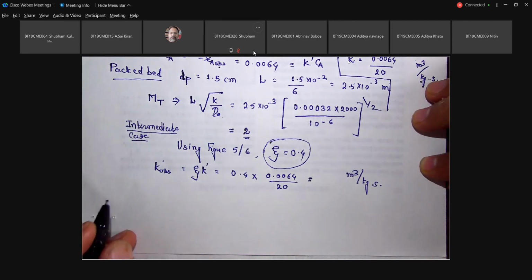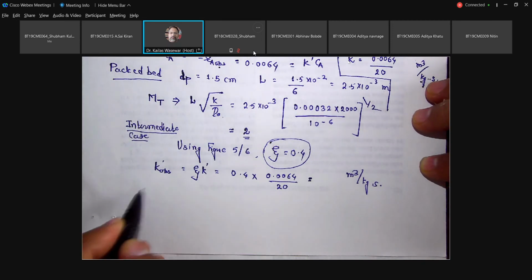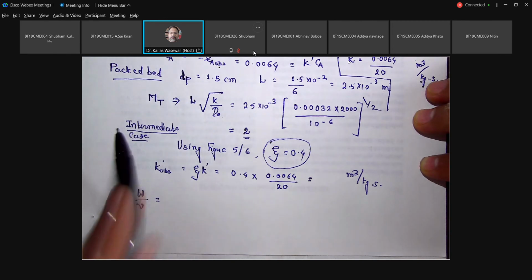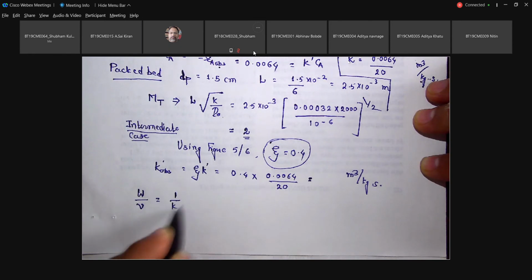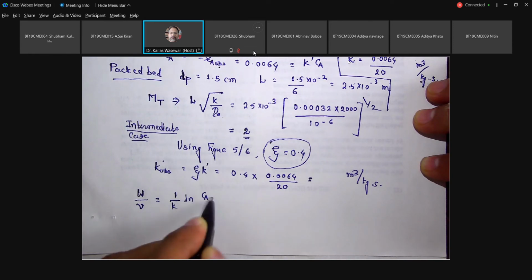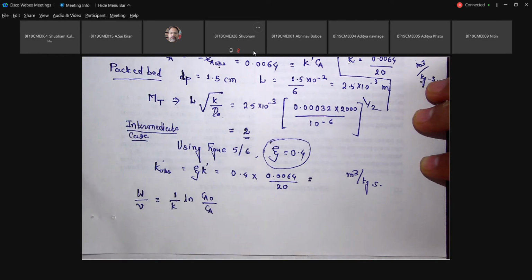So for the first order reaction, W upon V in a packed bed. It is mentioned that 80% conversion, K value is there, the V is there, you can get the W value.